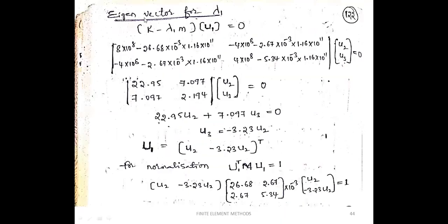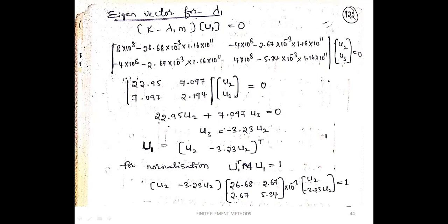To find the eigenvectors, we use k minus lambda 1 into m into u1 is equal to 0. This is the equation to find the eigenvectors given lambda 1. Here the eigenvector is the matrix of u1, u2 and u3, so you need to find u2 and u3 at lambda 1.